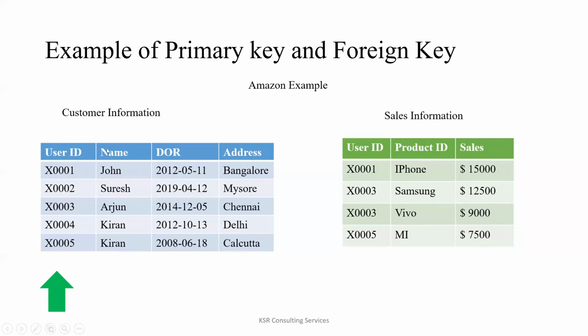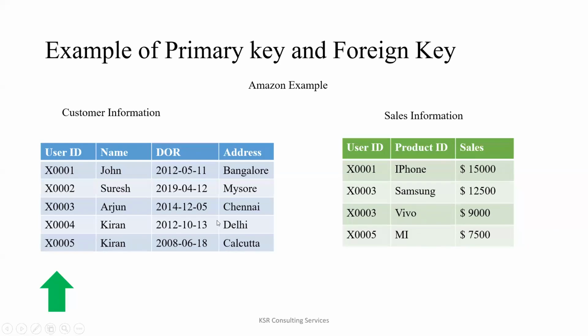See, a primary key is nothing but something which is always unique. If you see here, 001, 002, 003, even for Kiran, 4 and 5, it is unique because one of the Kirans is from Delhi and registered in 2012, but the other Kiran is from Calcutta. He registered in 2008.